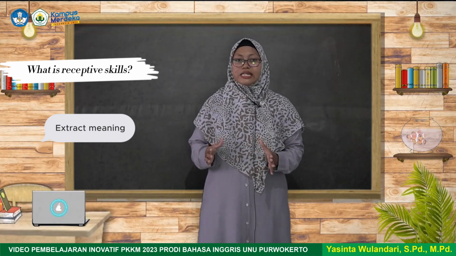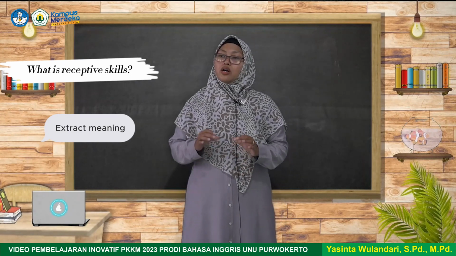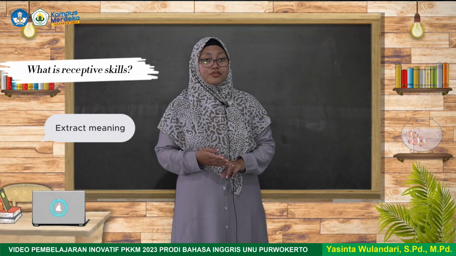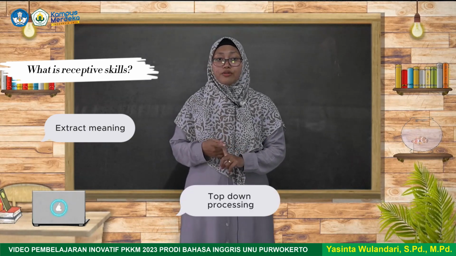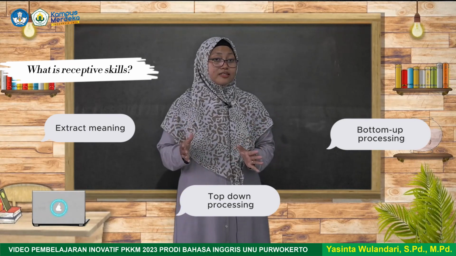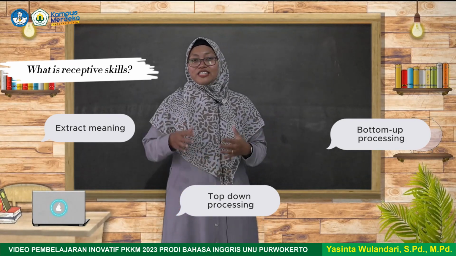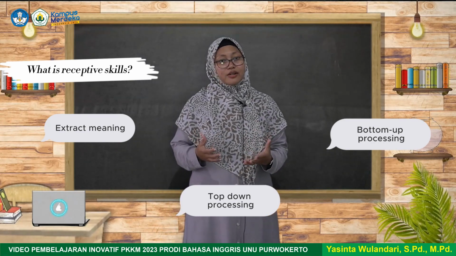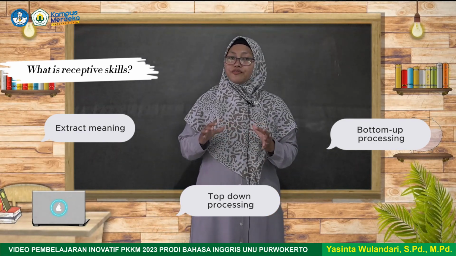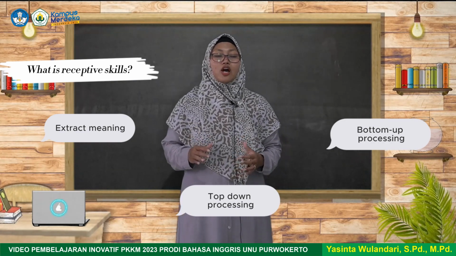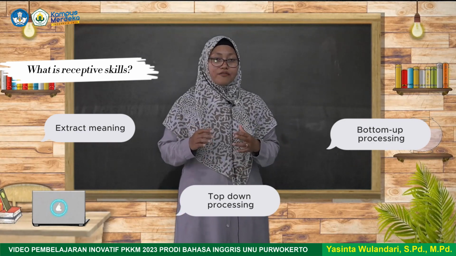When we talk about listening and reading skills, we are going to have 2 kinds of processing in these skills. The first is top-down and the second is bottom-up. Have you heard that? Yeah, top-down processing is when the reader or listener gets a general view of the reading or listening passage by observing the overall picture.